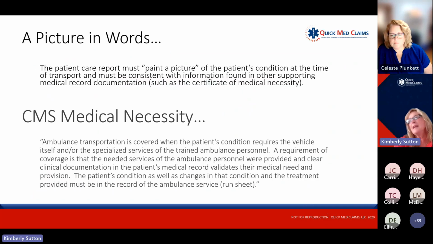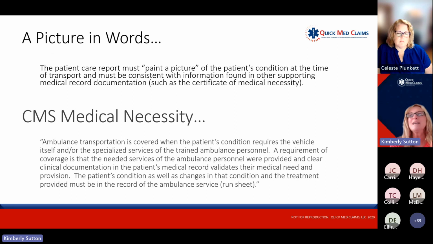So our first example that we wanted to start talking about is when we talk about documentation, it's very valuable if we can think about painting a picture to those that are going to be reading the EPCR. When you paint a picture, it's really looking at the patient's condition at the time of transport and what other information that you have that is pertinent that you know prior to the transport.